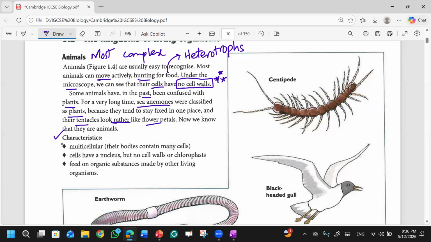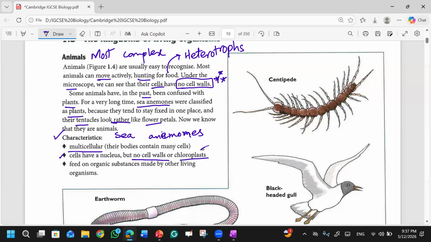And what characteristics did they look into? Firstly, they checked the cells. How many cells are there in sea anemones? By checking this, they came to know that sea anemones are multicellular. Then they looked into the nucleus, whether they have a nucleus or not. They further confirmed that yes, they have a nucleus, but no cell wall and no chloroplast.